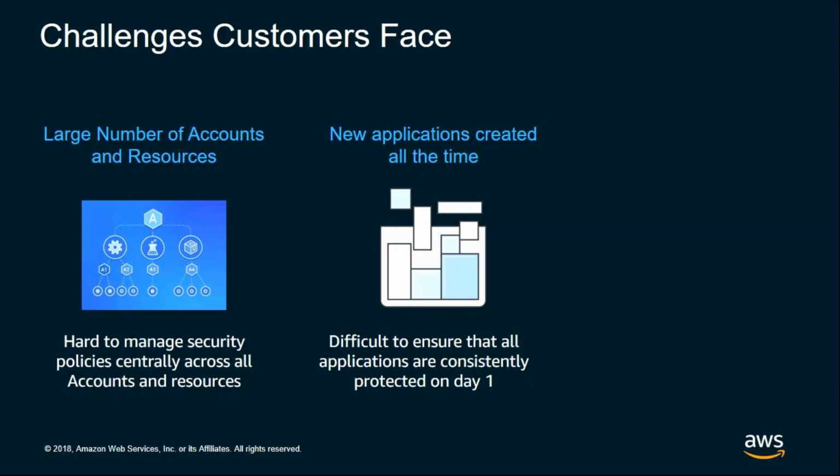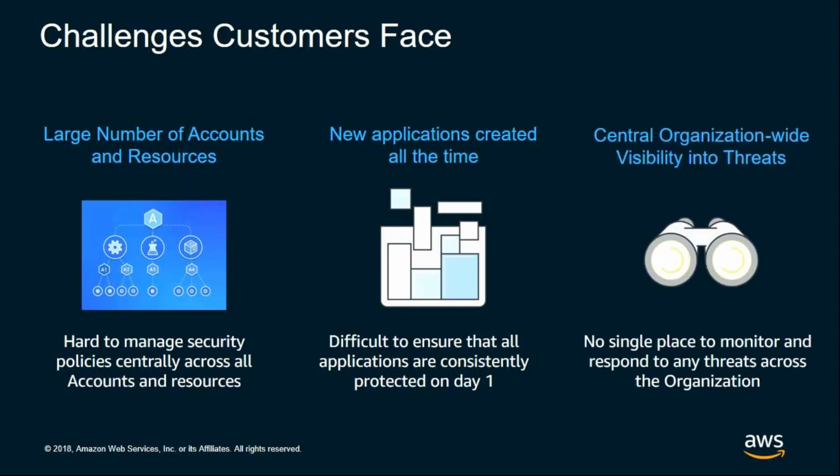And lastly, often when you have all these diverse sets of applications spread across accounts and resources, you want a single place to have visibility on threats across all these applications. And customers often ask us for a single place to monitor and, more importantly, respond to any threats across the organization.